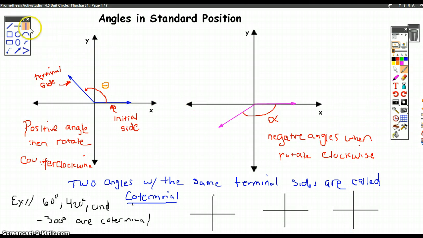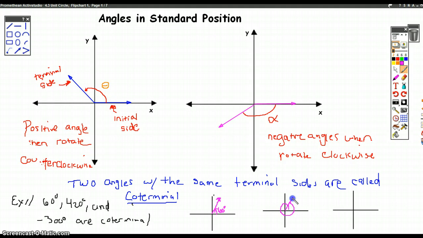See, watch. If I rotate 60 degrees, I always start at the positive x-axis and I rotate 60 degrees and land about there. If I rotate 420 degrees, I rotate all the way around once, that's 360, plus an extra 60 gets me to 420.